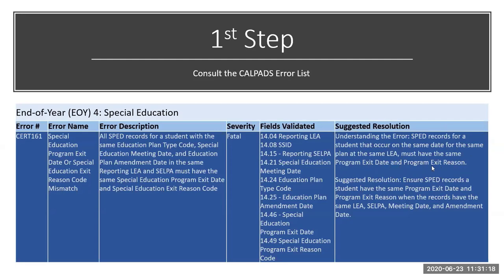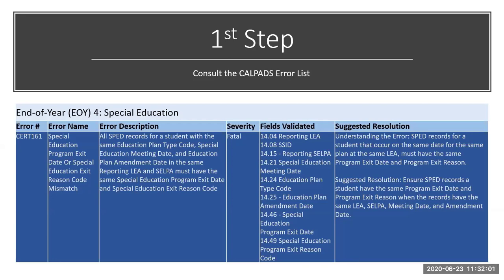So this is the expectation. Understanding the error tells you the expectation. You have the problem. You have more description on the problem. You have what CALPADS is expecting, and here is a method of resolution provided, right? And for this one it says, ensure SPED records for a student have the same program exit date and program exit reason when the records have the same LEA, CELPA, meeting date, and amendment date.